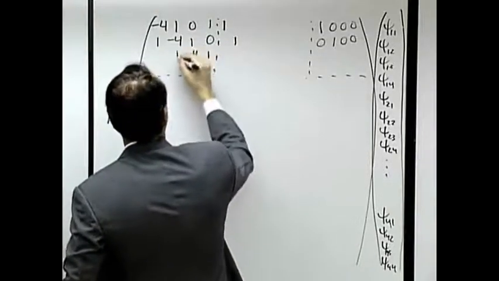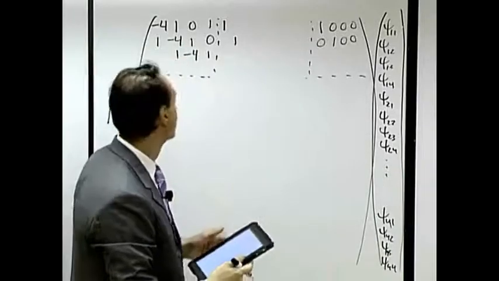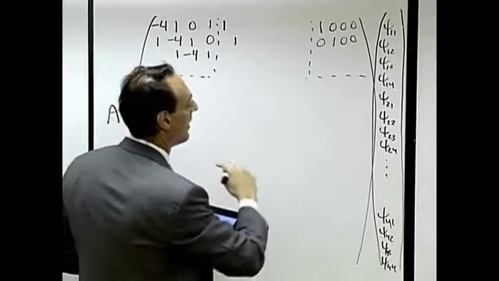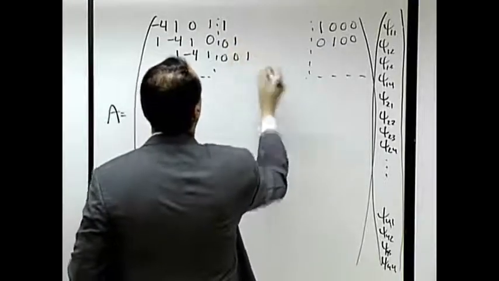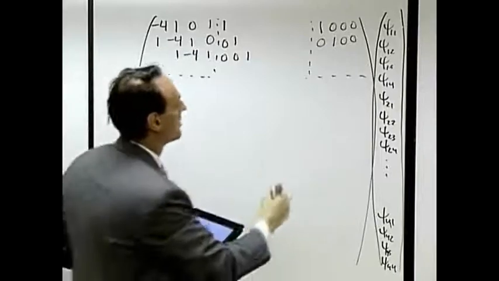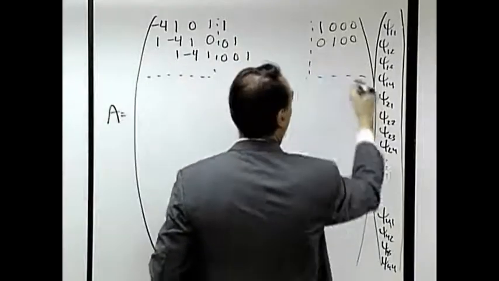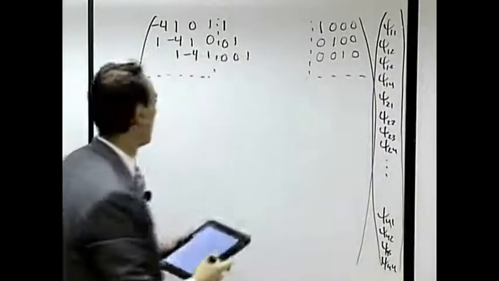You have one of each of your neighbors, top and bottom. Then you have psi 2, 3. Then you have the other side, which is psi 4, 3. See the pattern that's starting to emerge here?